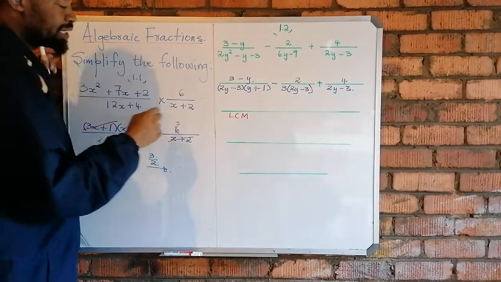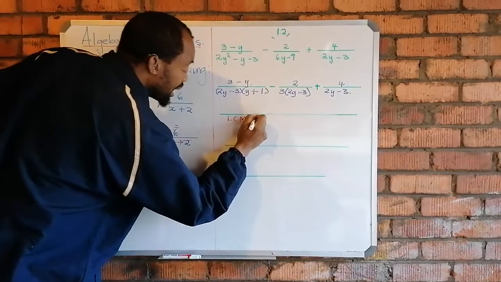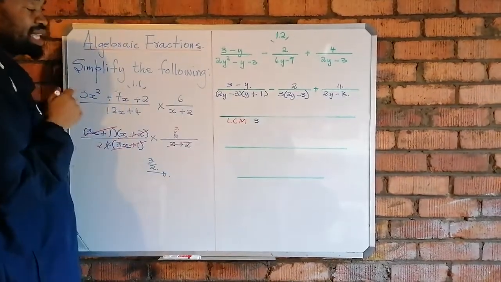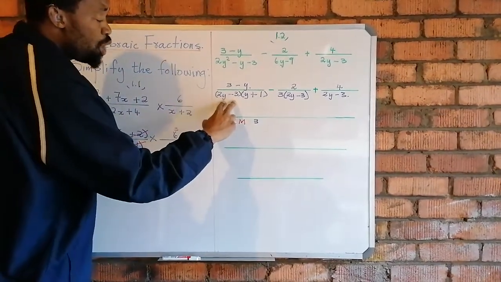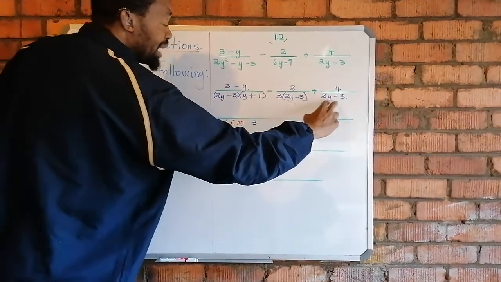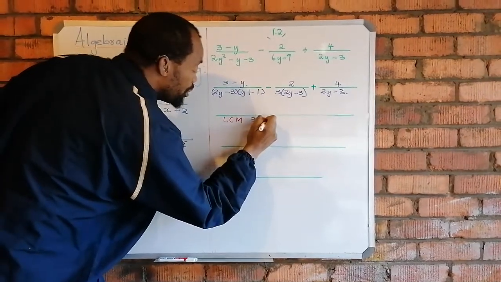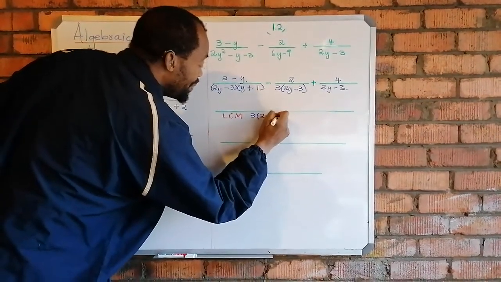In this case, I have a 3 there. I'll start by putting the 3. I have 2y minus 3. I'm going to put that there, 2y minus 3.